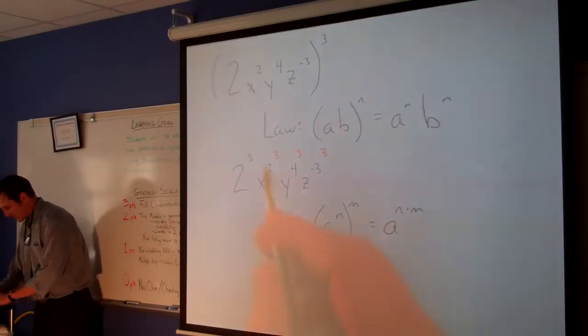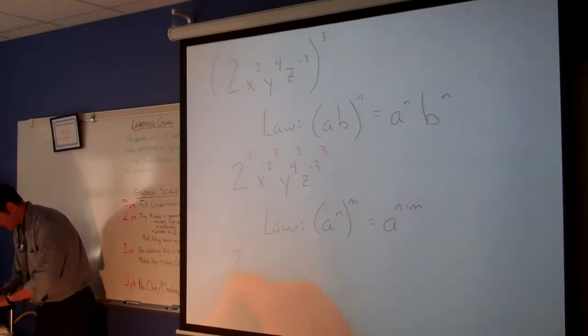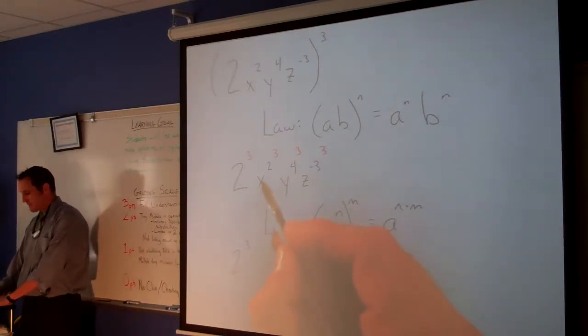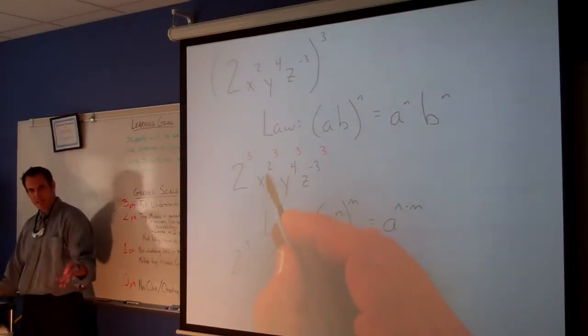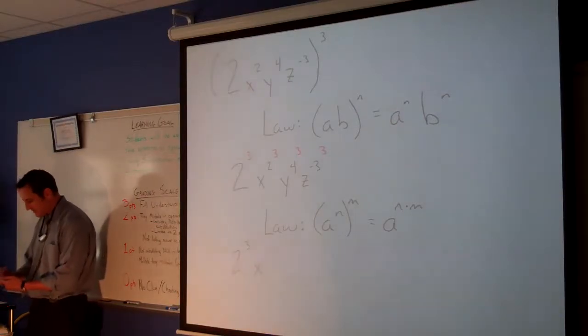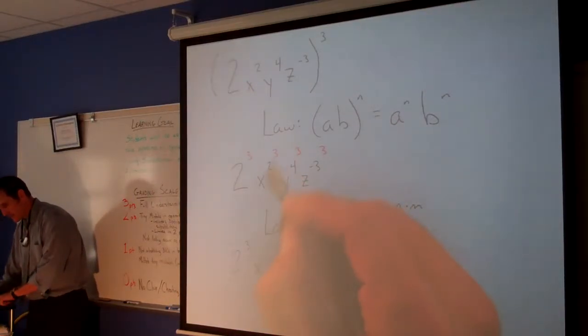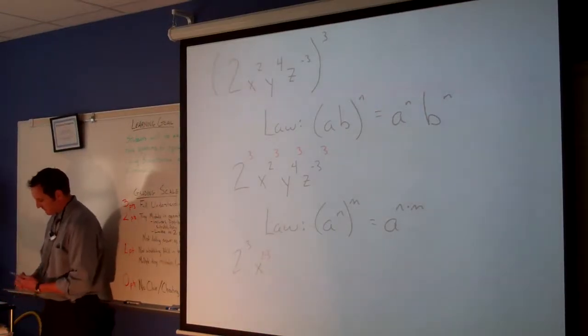So in this case, we have 2 to the 3rd power. That's going to remain 2 to the 3rd power. In this case, we have x to the 2nd power to the 3rd power. We're raising an exponent to a power. So we keep the base, we keep that x, but we multiply the 2 and the 3. We multiply the 2 powers.